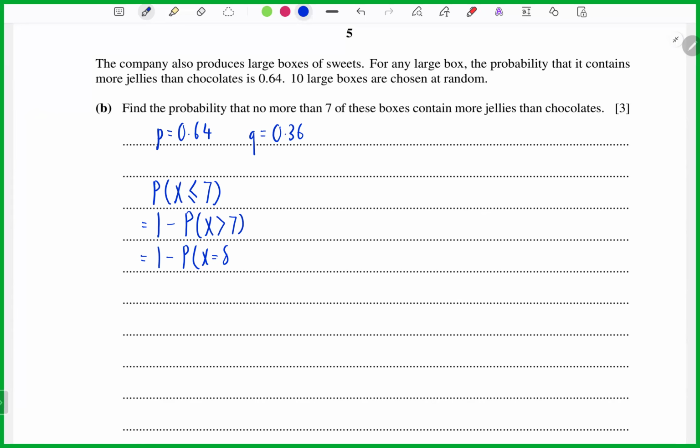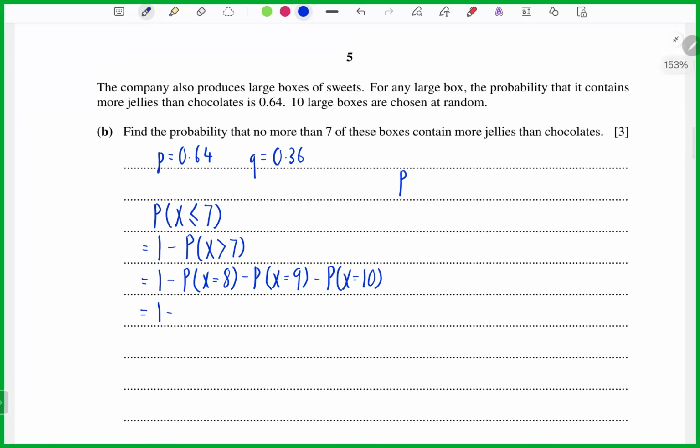So you can take P(X = 8), P(X = 9), P(X = 10) here. Alright, so we can write here 1 minus.